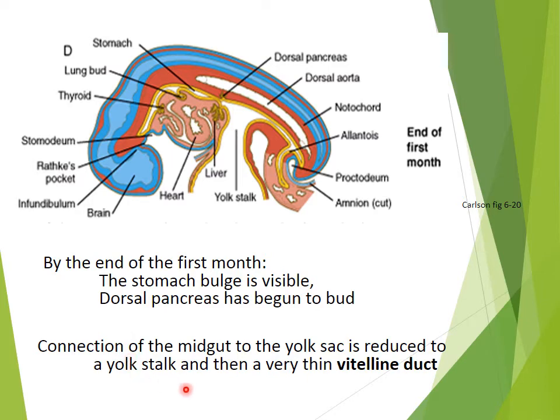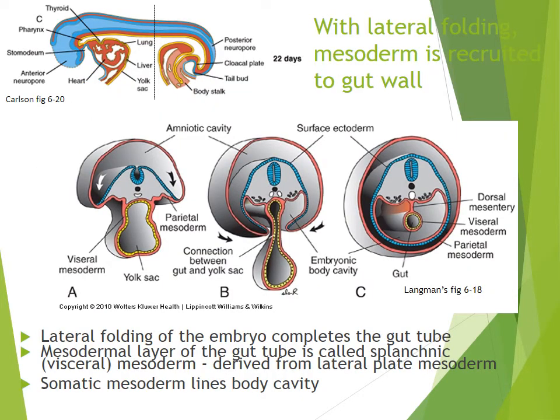And here again, now you can see what is going to happen in the lateral folding. You have seen the cephalocaudal folding in the previous slides. So this is now very helpful to understand the lateral folding.